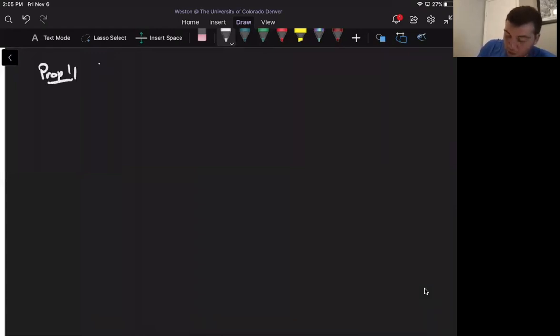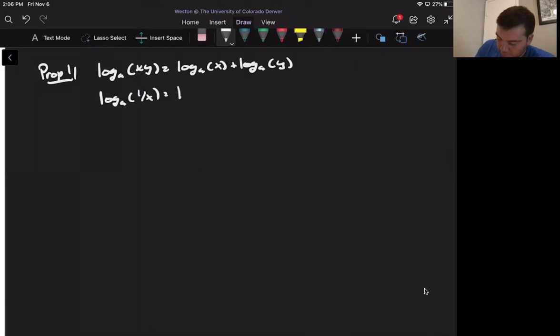All right, so property 1, log a of xy equals log a of x plus log a of y. Log a of 1 over x equals minus log a of x.